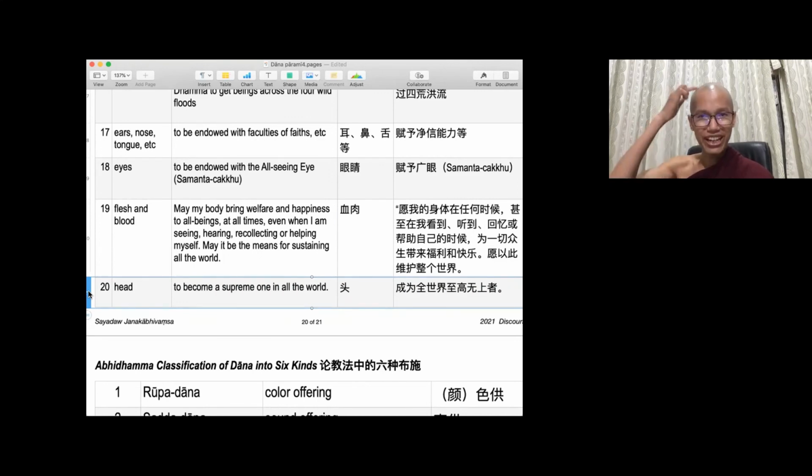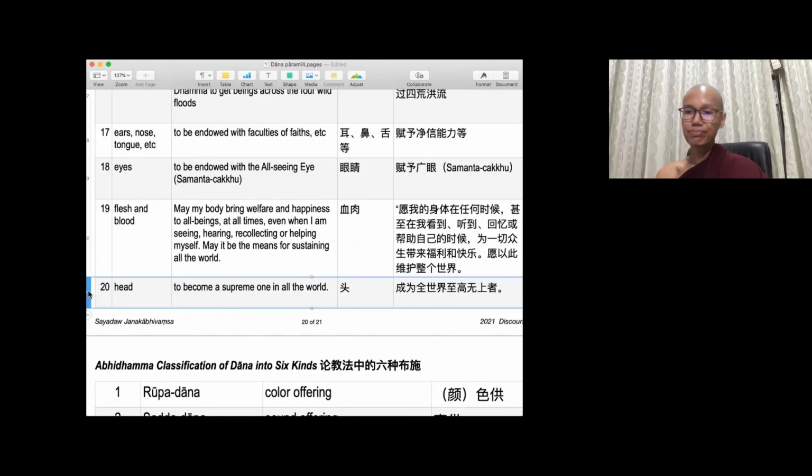So for the hair, we call it Uttamanga rupa, which grows on the superior body part.